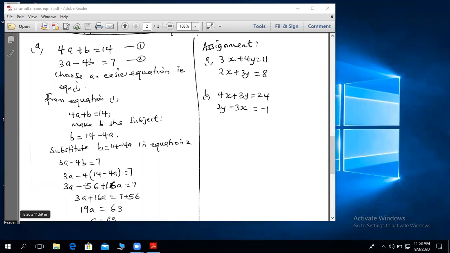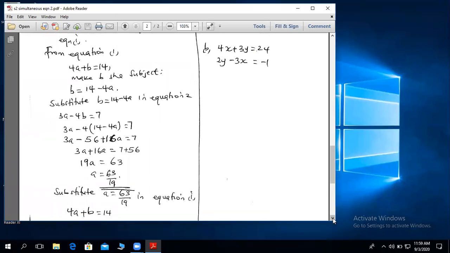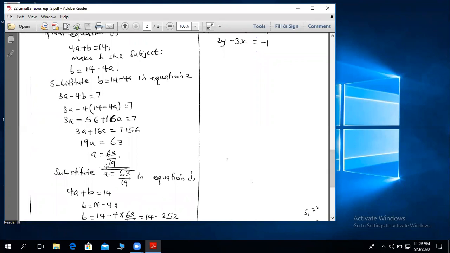Then this 56 will be forced to join 7 by crossing the equal sign, and it becomes plus 56. So I have 19a equal to 63, and a is equal to 63 out of 19.